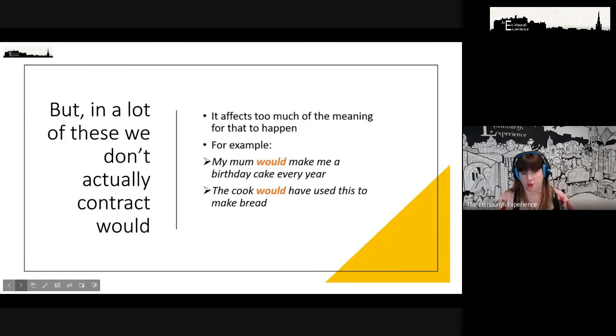Or the cook would have used this to make bread. I contract have, because this is an auxiliary and it's not important, but I don't contract would here because it's helping us know that past habit, that reoccurring habit. Or also, she wouldn't allow him to go out, okay? Remember, especially when it's a negative, we won't contract these kind of auxiliary verbs because they're affecting or changing the meaning.